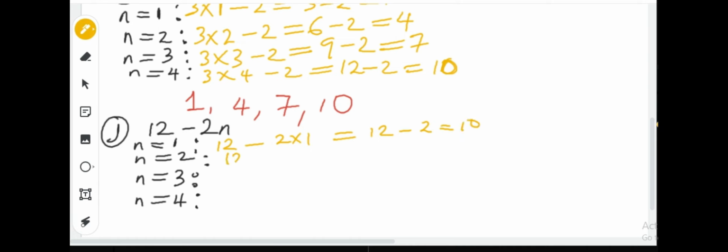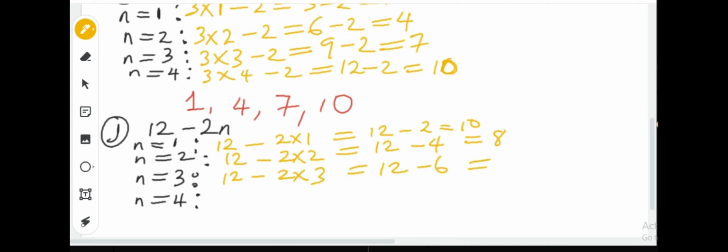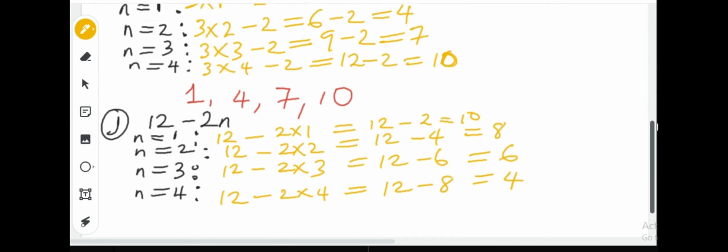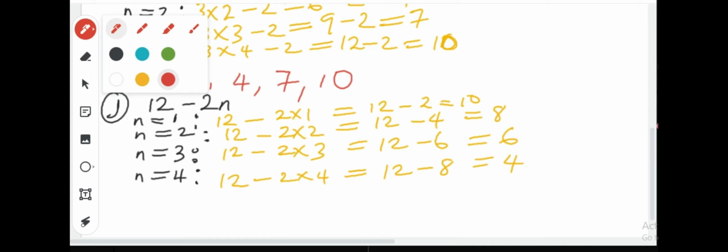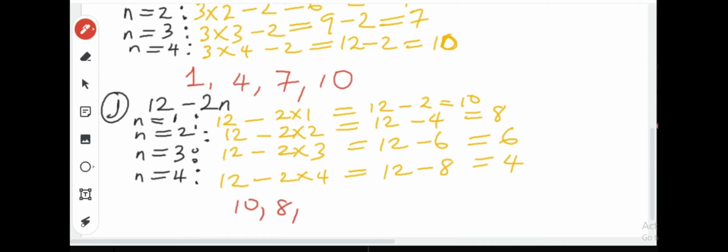The second one is 12 minus 2 times 2, which gives 12 minus 4, and that's 8. The next one is 12 minus 2 times 3, which is 12 minus 6, and that's 6. The other one is 12 minus 2 times 4, which is 12 minus 8, and that's 4. So the terms are 10, 8, 6, and 4.